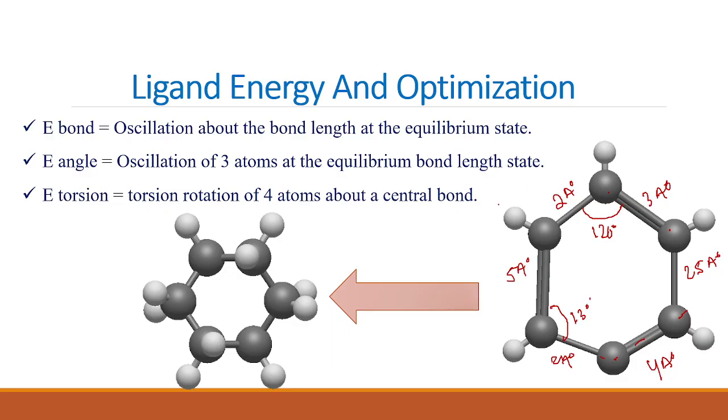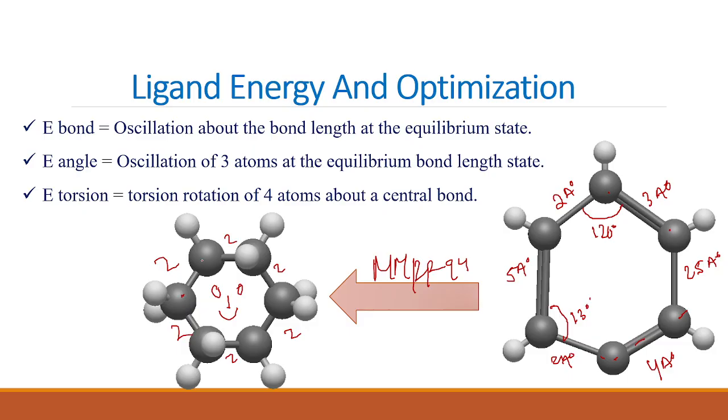Okay, so when we apply the force field, as it is an organic compound, the MMFF94, that is the Merck Molecular Force Field, it will convert this compound into a simple, happy-phase compound, where the bond length will be 2 angstrom for each two carbons.